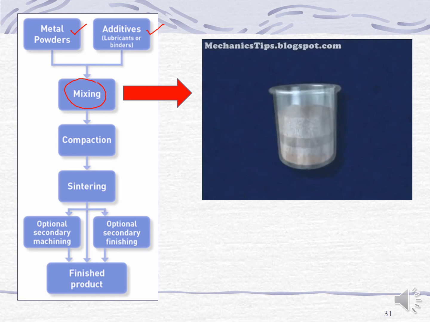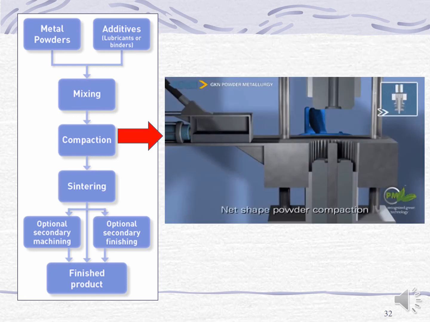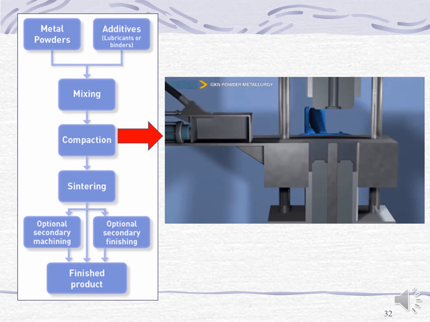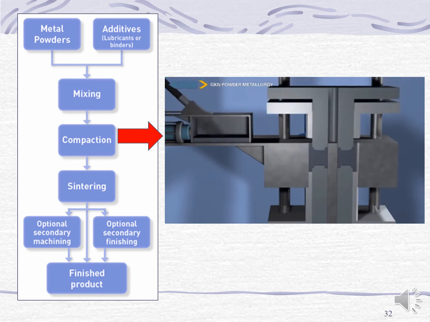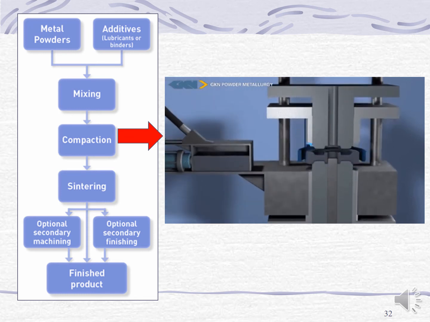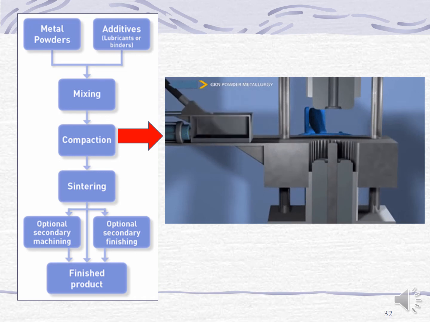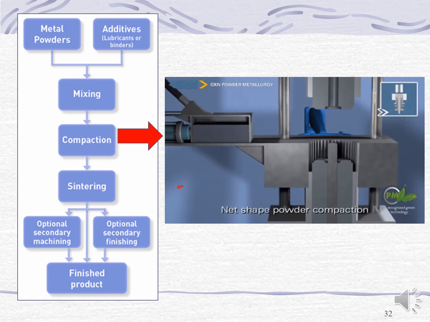and then we bring the mixture of the powder to the machine for the compaction process. The product from this compaction process is called a green product.